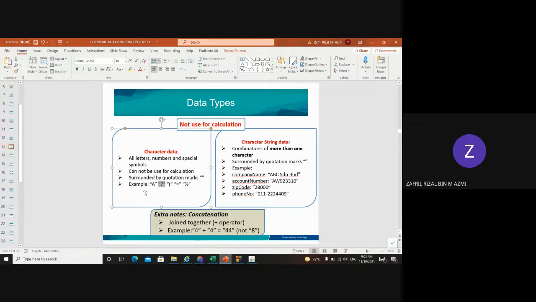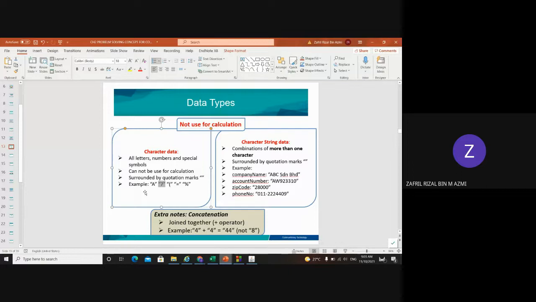Can you do any calculation with your student ID, class? No, right? So for any value that is numeric but you couldn't do any calculation with, we classify that as a character.